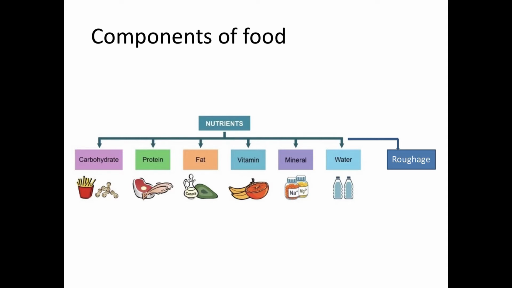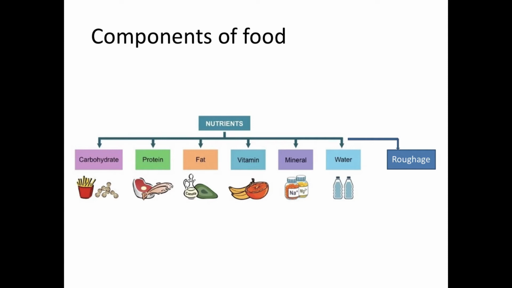There are more than 40 different types of nutrients, but the nutrients are generally classified into the following types, that is carbohydrate, protein, fat, vitamin, mineral, water and roughage.